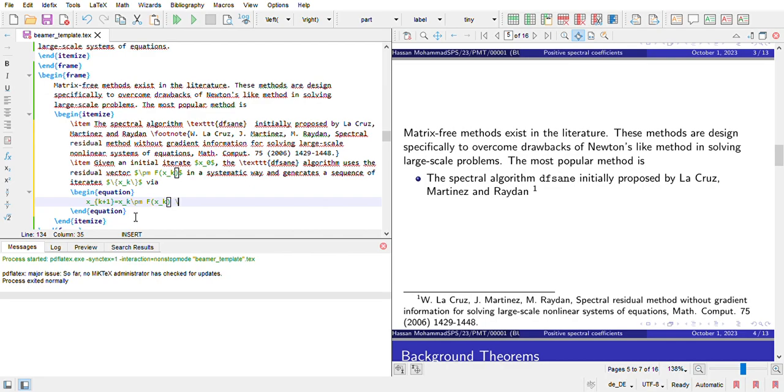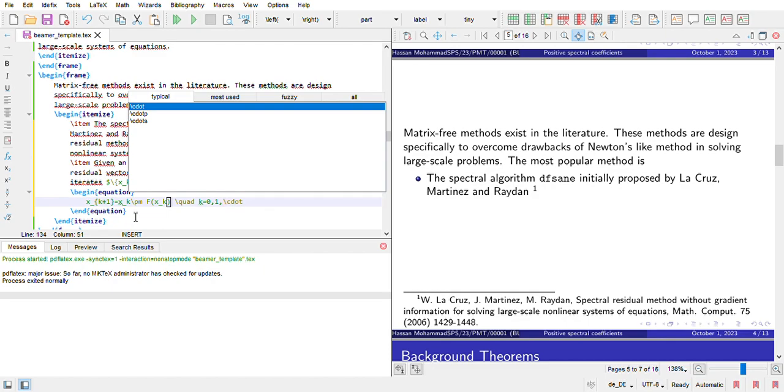Maybe I can use \quad k equals 0, 1, and so on. So I will just put \cdots, that is, the three dots will come out. So this is the equation, in which we then have to explain what these terms are.